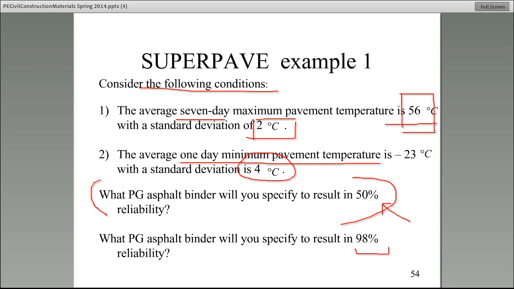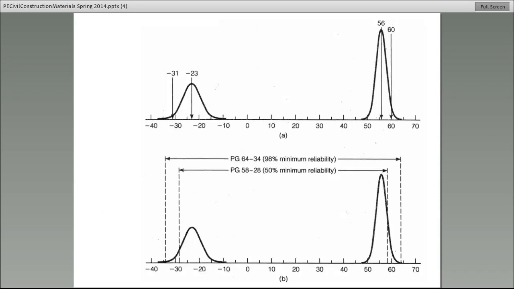So that is going to be the first number. Look at the top part of this slide. You see this 56? That's where I got the 56. Does everybody see that? 56 was given as the average of 7 days of high temperatures for that location. So that 56 becomes the mean value.